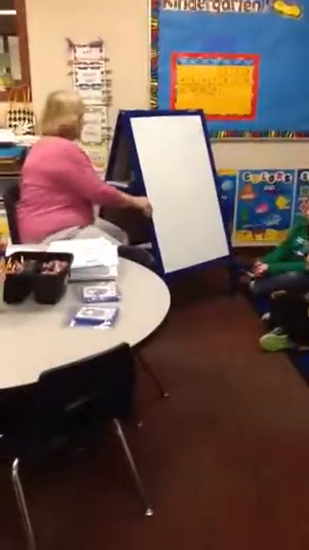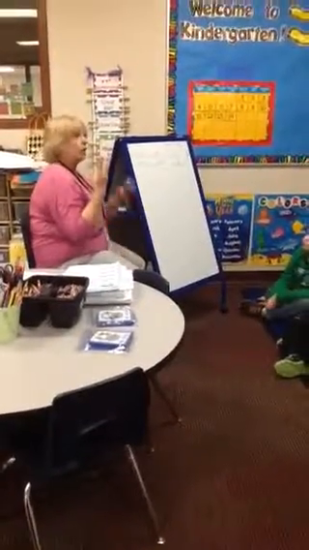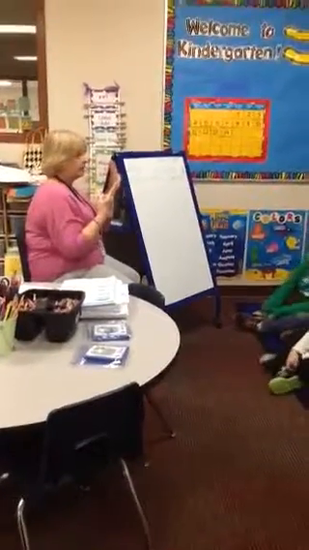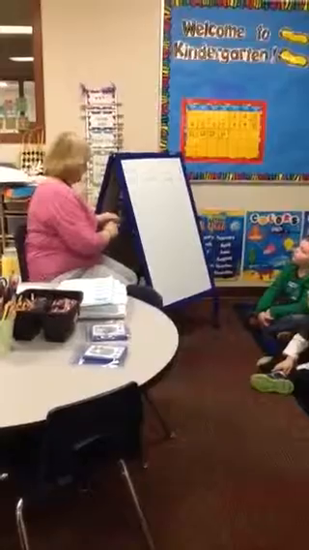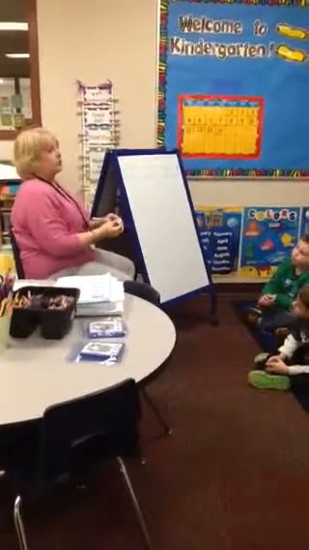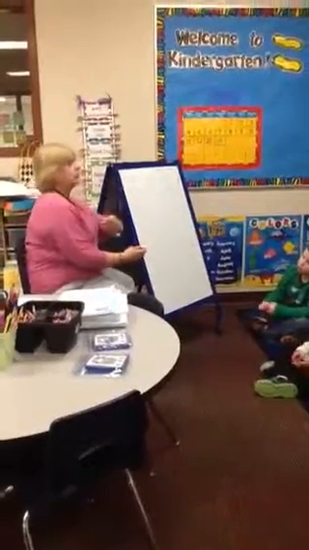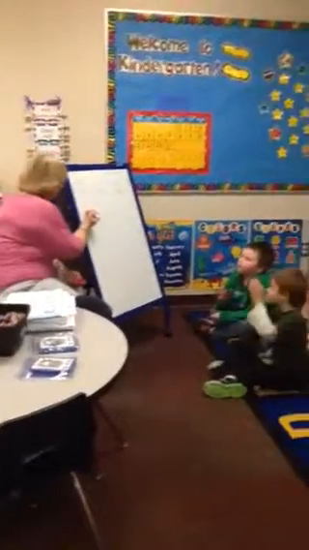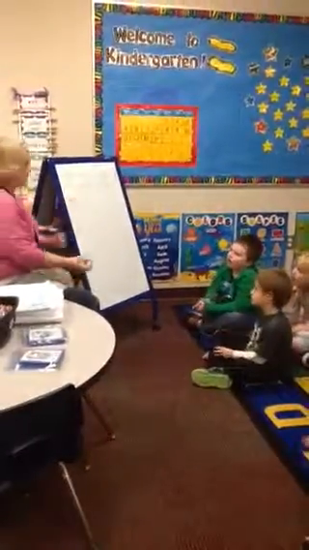So after we've segmented and we've counted, we say, oh, there were 3 sounds there. Then we can transfer that into writing. All right. So let's do the last one that we did, ma. Okay. Segment first sound. What's that letter? Second sound. What's that letter?